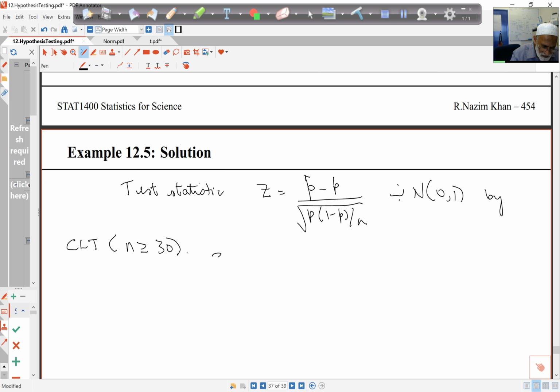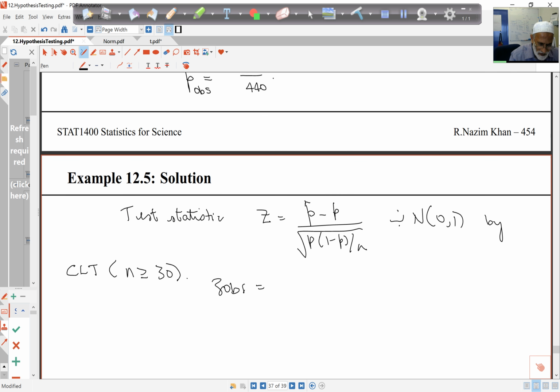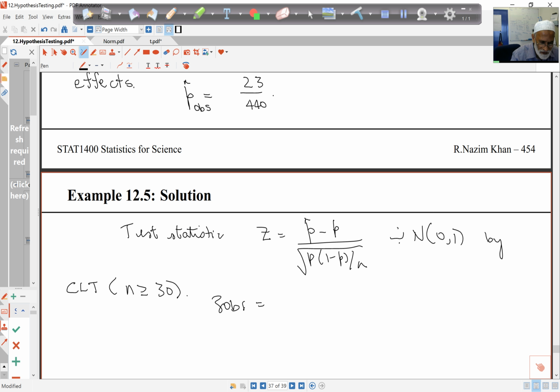So the observed value here of the test statistic comes by putting in our 23 on 440. So let's look at the value for this 23 on 440.